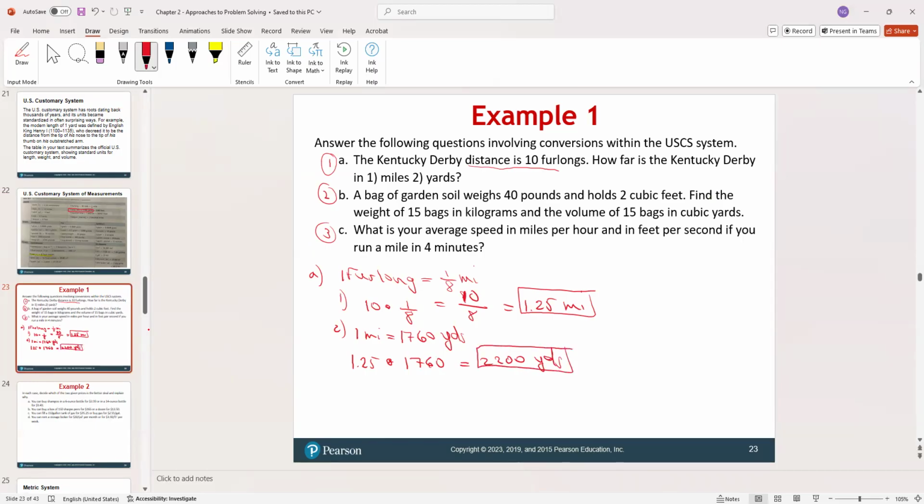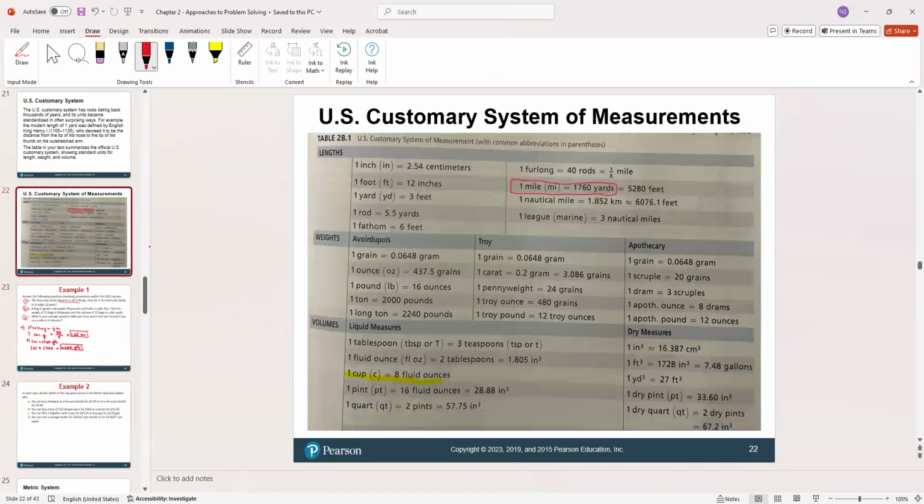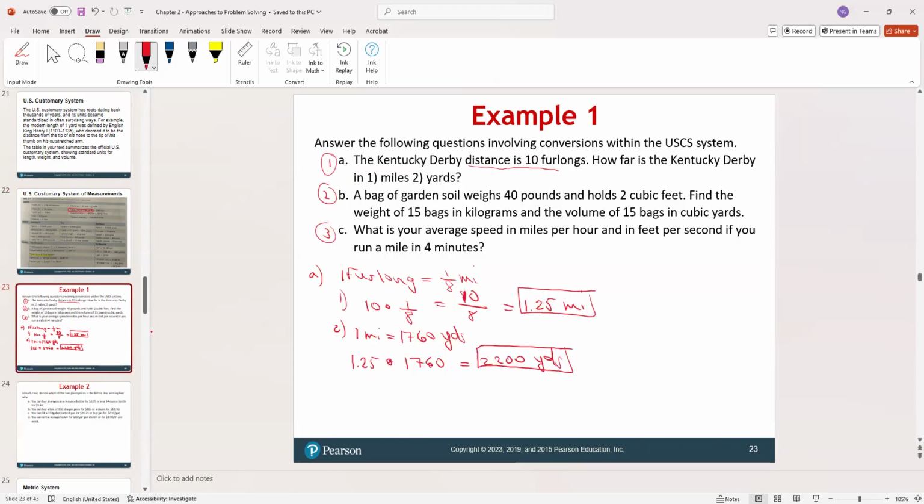Other ways you could do it: you could convert your furlongs to feet, because they could ask you also to convert that to feet. And you do the same, because you know 1 mile is 5,280 feet. So we could also convert it this way.